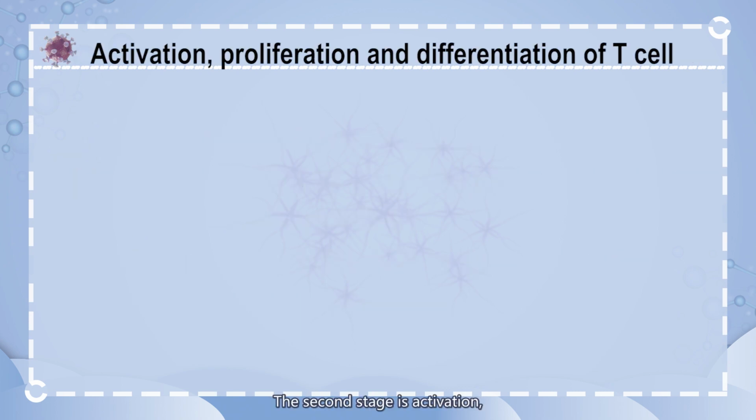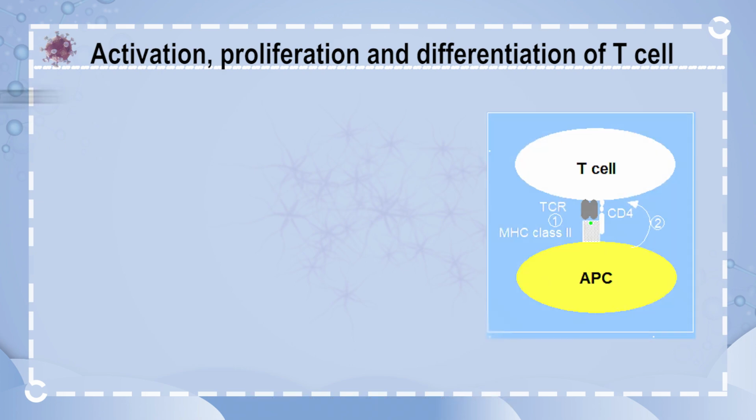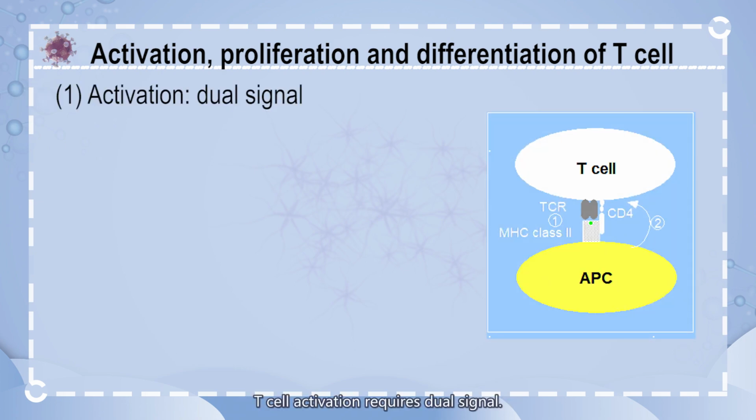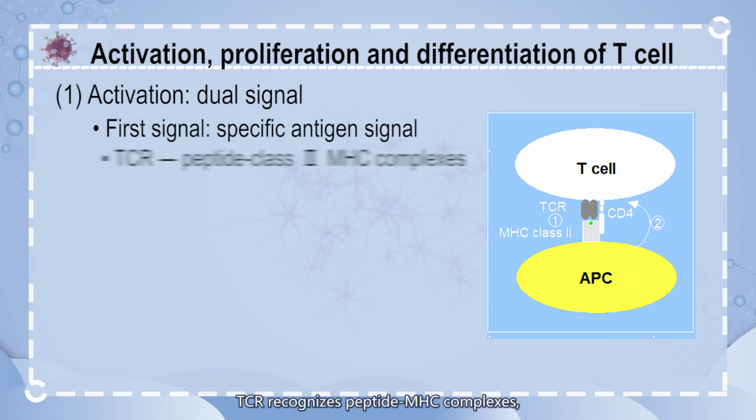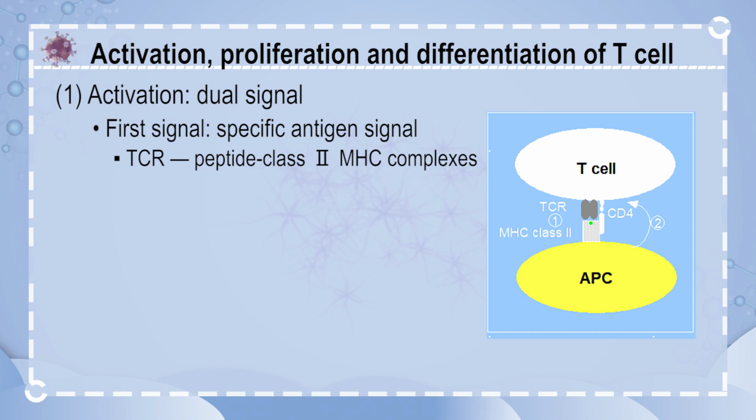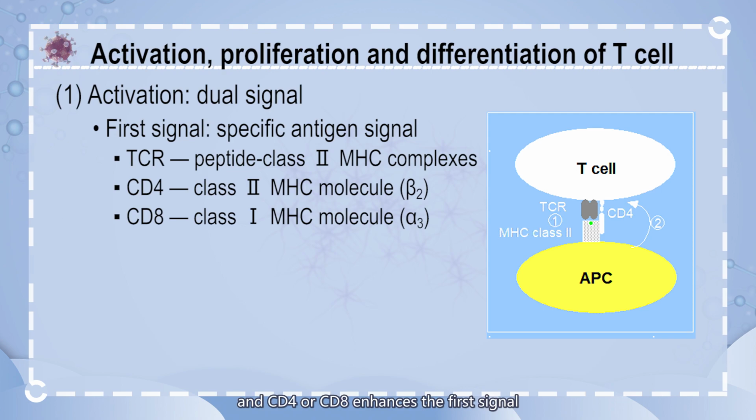The second stage is activation, proliferation, and differentiation of T-cell. T-cell activation requires dual signal. The first signal is a specific antigen signal. TCR recognizes peptide MHC complexes, and CD4 or CD8 enhances the first signal by binding to beta 2 or alpha 3 domain of MHC.